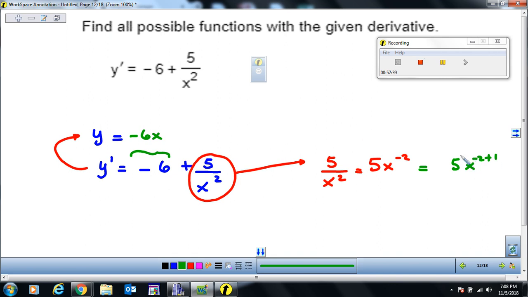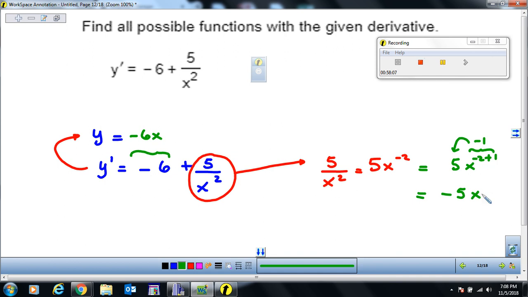Negative 2 plus 1. Now I need to think, how did this 5 get up here? If the original exponent was negative 2 plus 1, that means the original exponent was just negative 1. So when you bring that negative 1 to the front to multiply times this number, that would make this a negative 5.